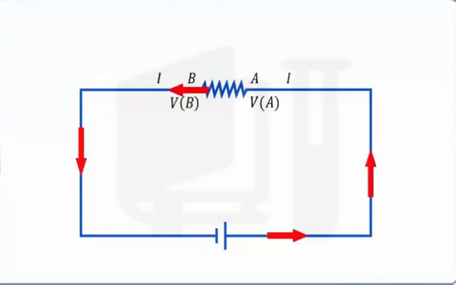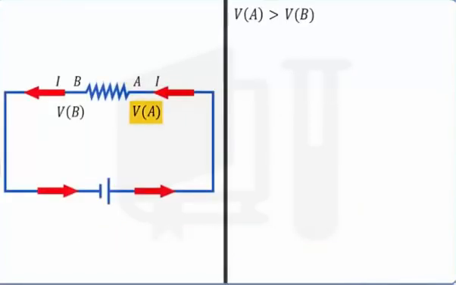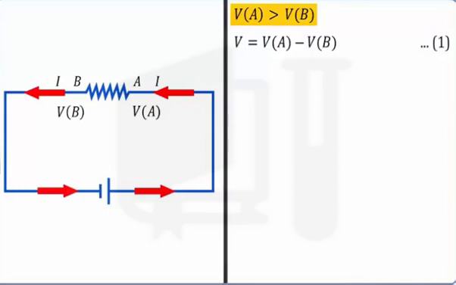As the current is flowing from A to B, the voltage at A is greater than the voltage at B. The potential difference V between points A and B is expressed as V = VA − VB. Let this be equation 1. As VA is always greater than VB, V will always be greater than 0.